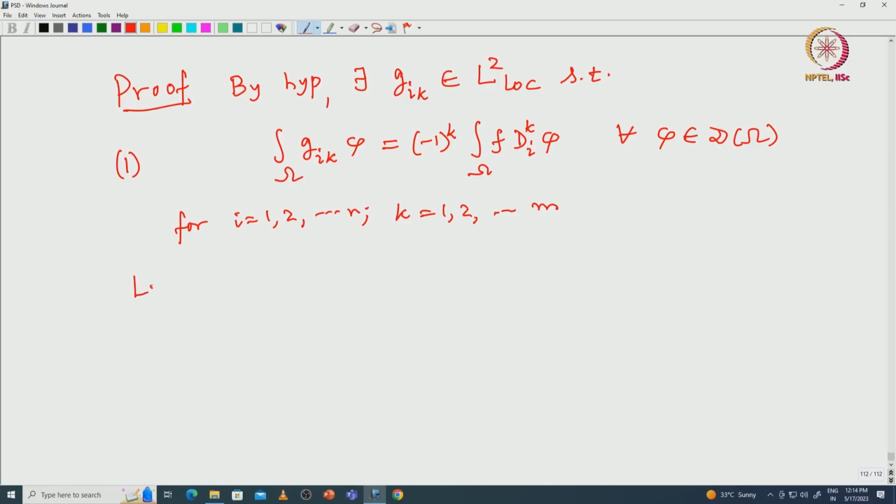So, let omega be open, small omega, such that omega bar closure, so I denote it by K, also in omega, compact. Okay.